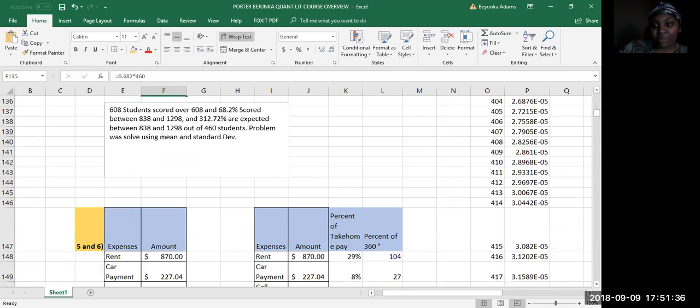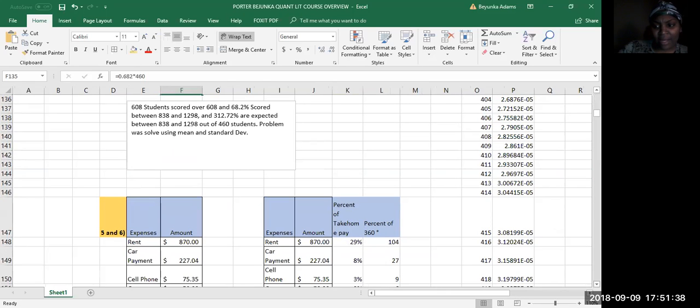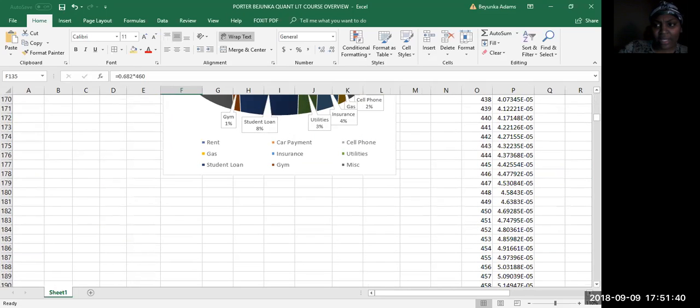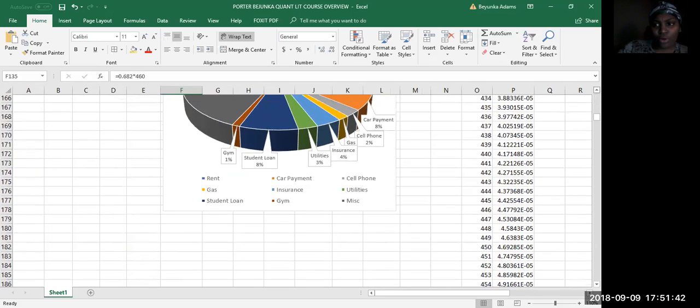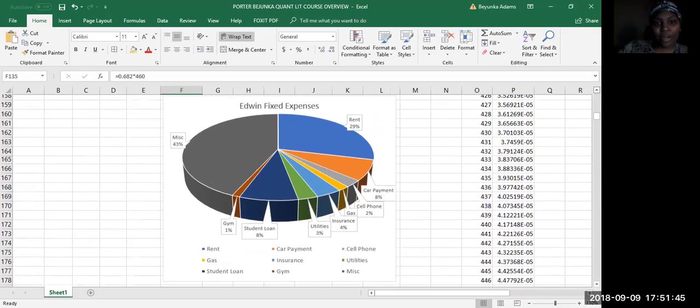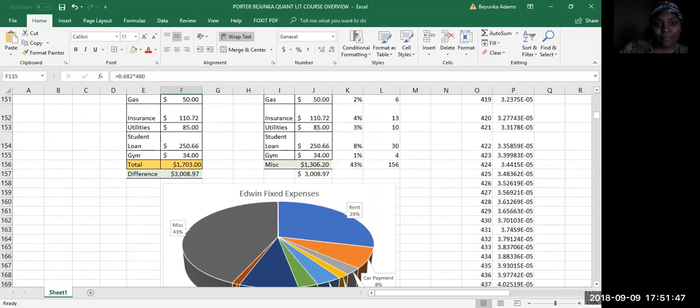So basically, number 5 and 6 were combined, and we were looking for Edwin's fixed expenses.